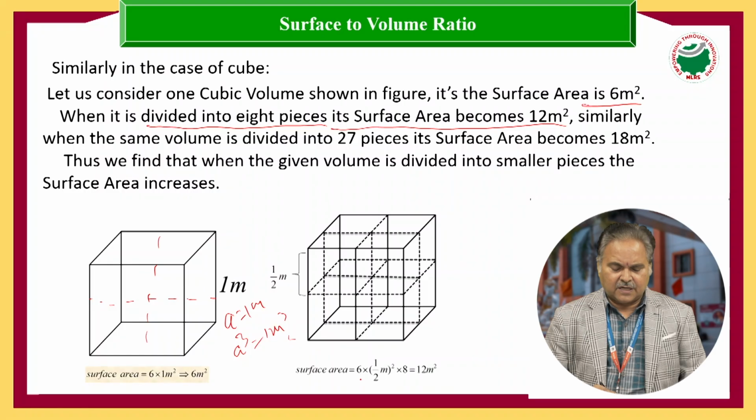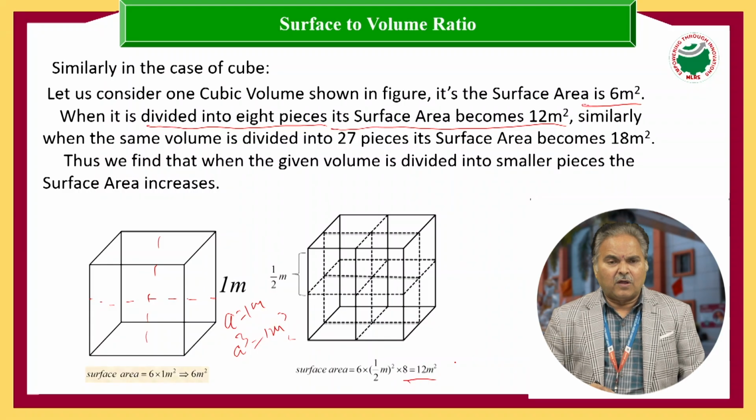How will it be? Surface area is 6 into half m square. So that is 1 cube. Then you have 8 cubes, that means 8 pieces, so into 8, it becomes 12 m square. That means half m into half m, that is 1 by 4, so 6 into 1 by 4 into 8 into m square, total 12 m square.